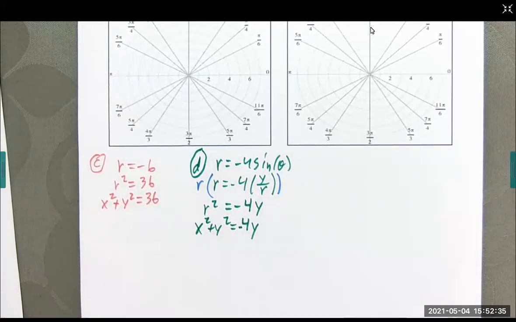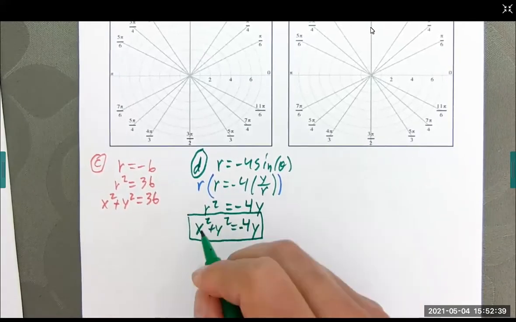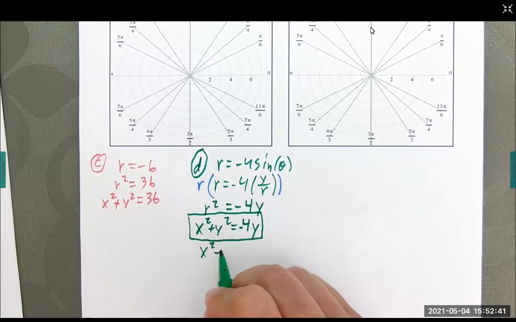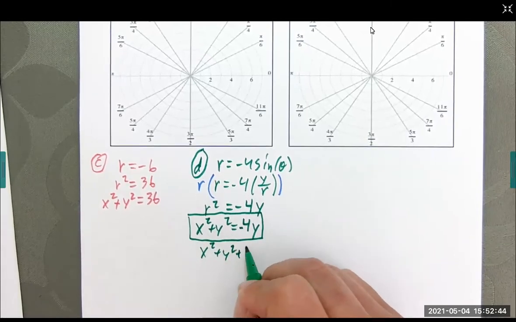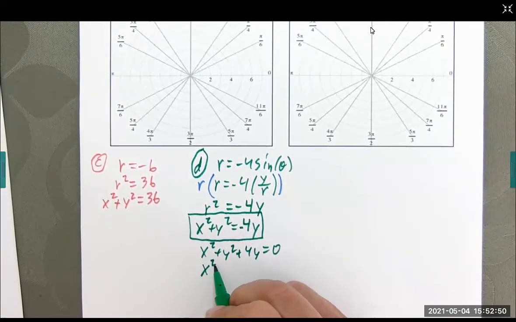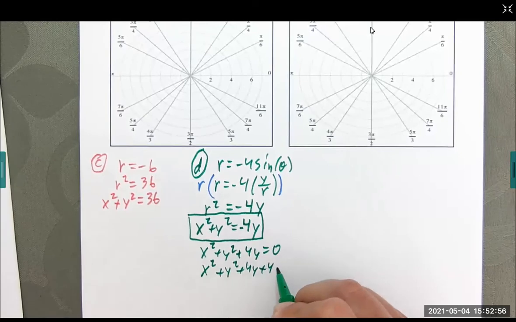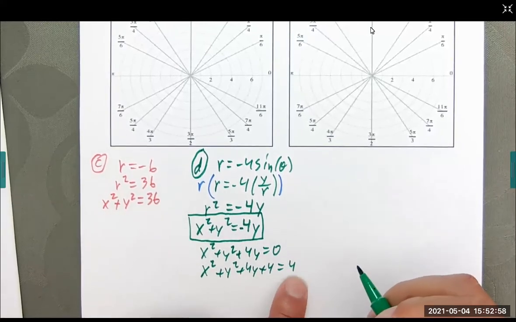And you could stop here. This would be an acceptable answer. I want to show you how we can go even further. And I could actually complete the square by adding a 4 to both sides there. So if I add it to this side, I have to add it to this side.